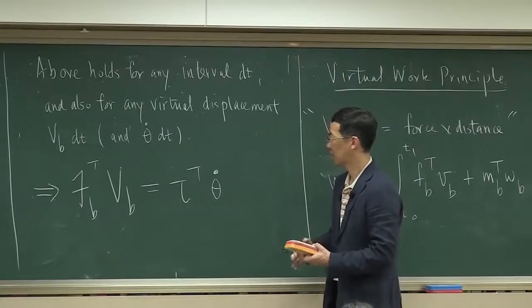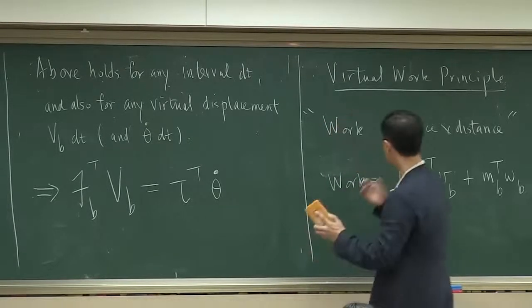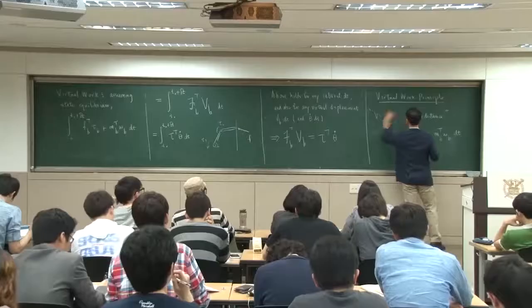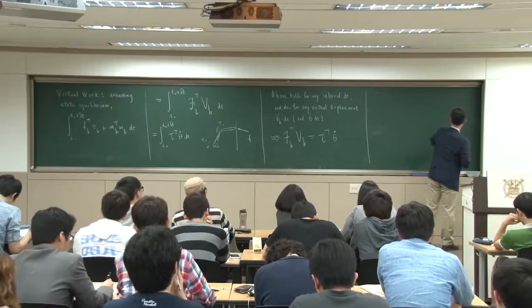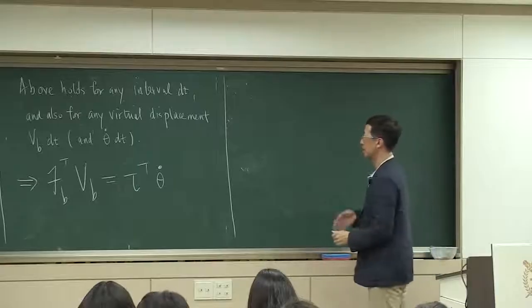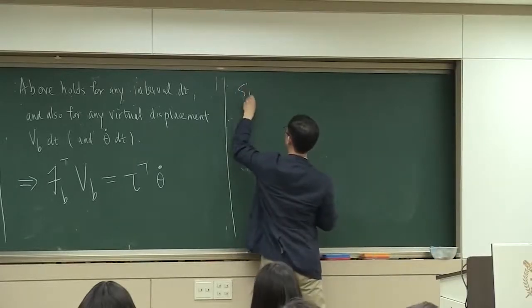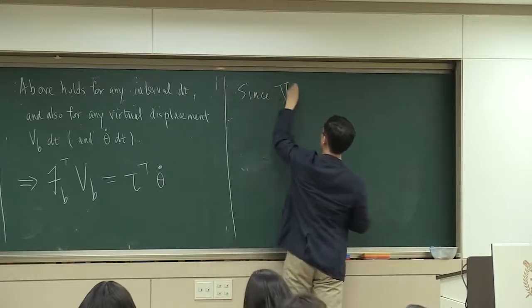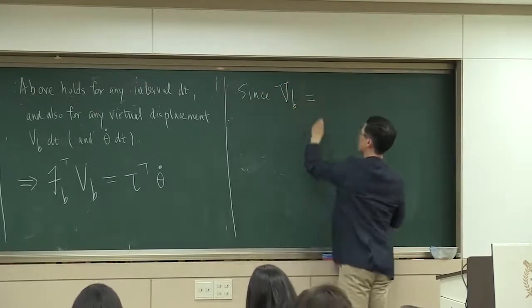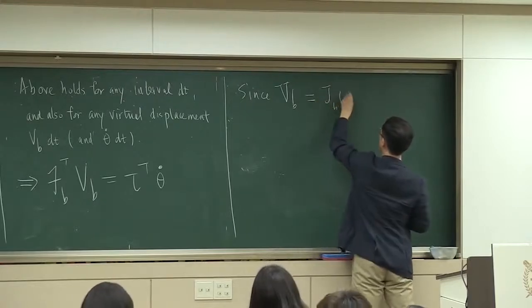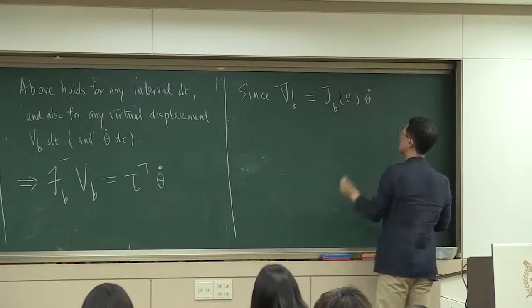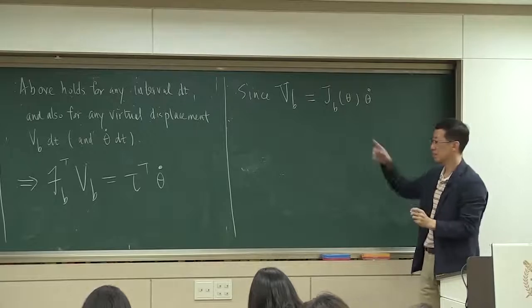So what can we do from here? Well, now we use the Jacobian relation. Since V_B is equal to J_B times theta dot, let's put that in there.